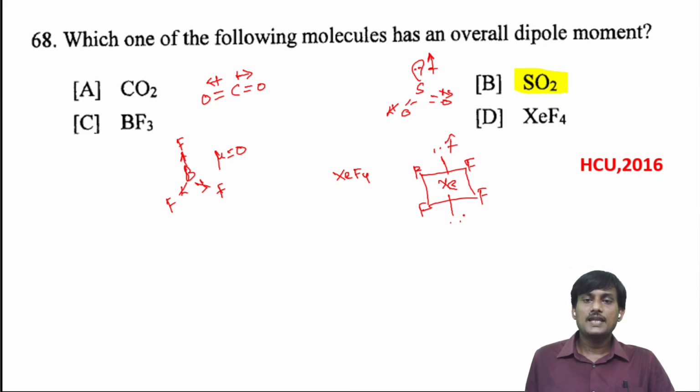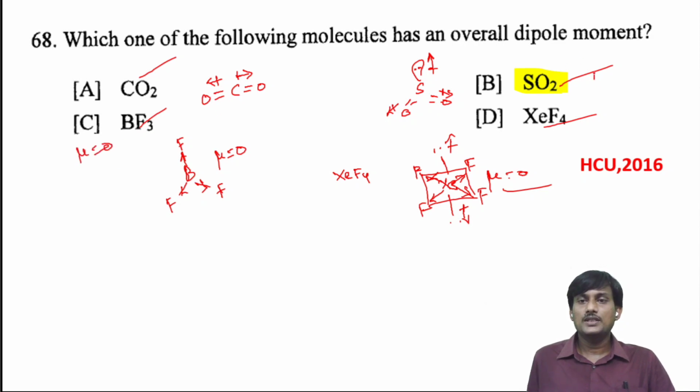Here there is a cancellation of the lone pair dipoles, and also a cancellation of these bond dipoles. So here mu is equal to 0. So except SO2, in all these cases of CO2, BF3 and XeF4, mu is equal to 0. Here mu is not equal to 0.